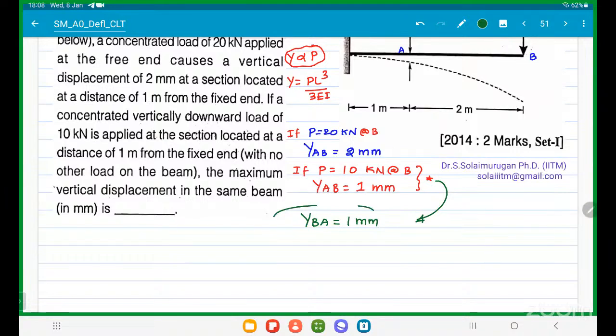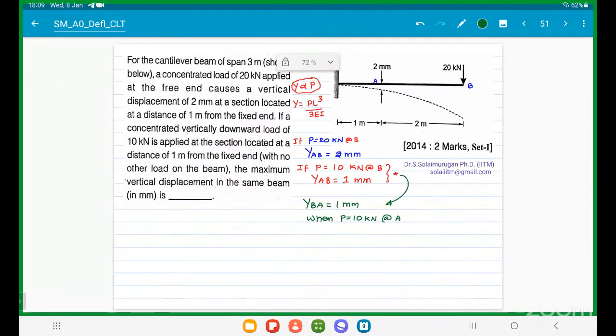This is valid when P is equal to 10 kilonewton at A. Sir, what is the final answer? 1 mm.